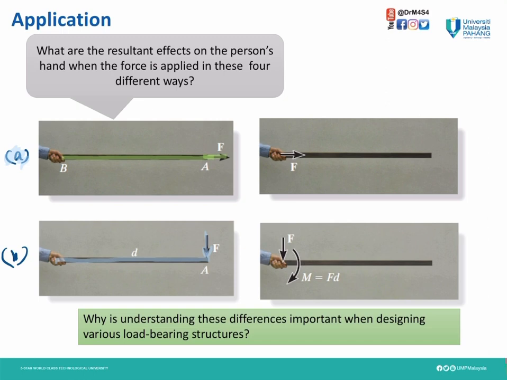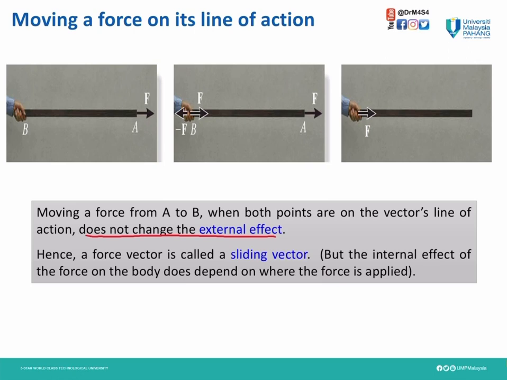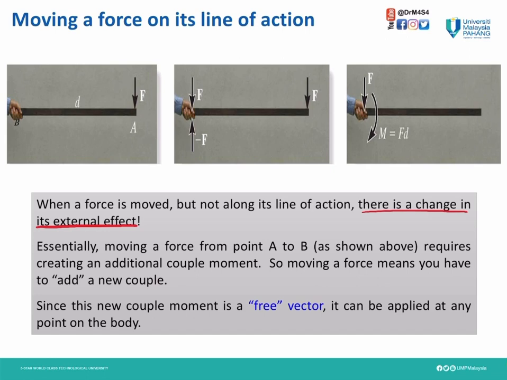What does it mean? For the first one, moving the force between A and B along the same line does not change the external effect. While for system B, where F moves between B and A, there is a change in the external effect.